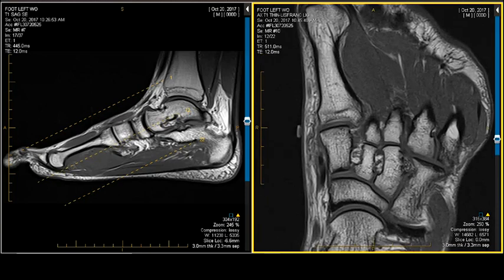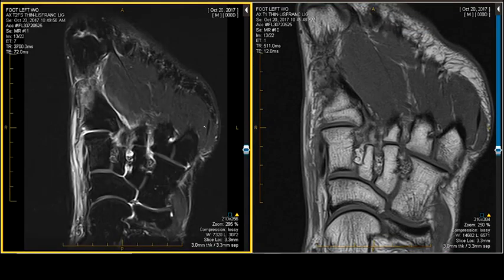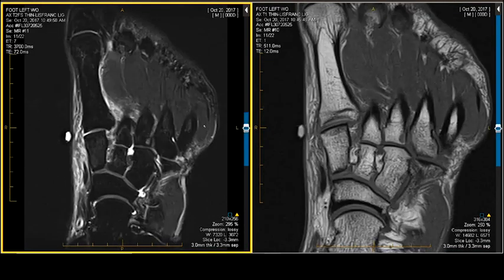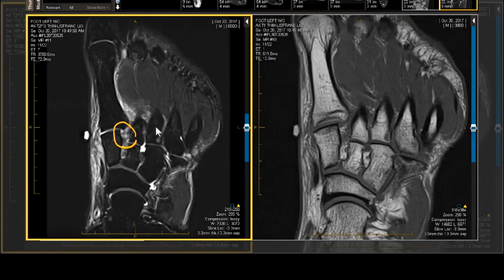And the Lisfranc ligament is done. Gone. Here it is right here. He's also torn the medial collateral ligament of the first tarsometatarsal junction.